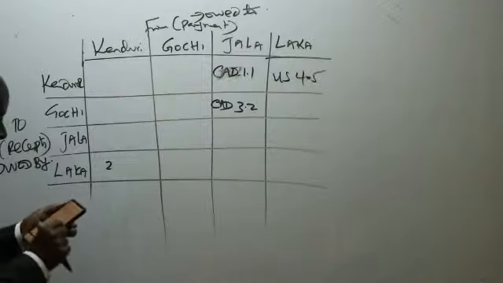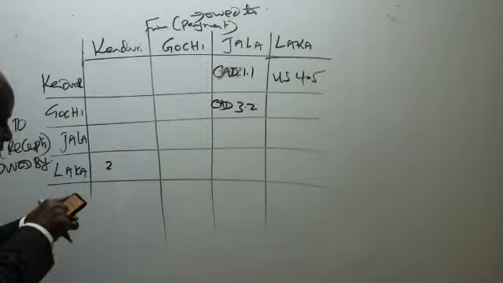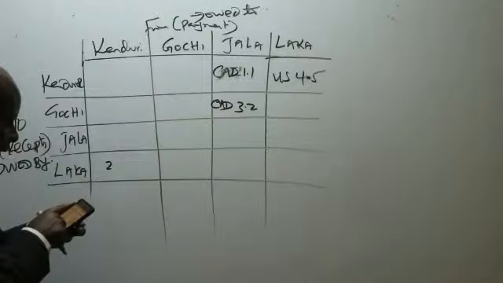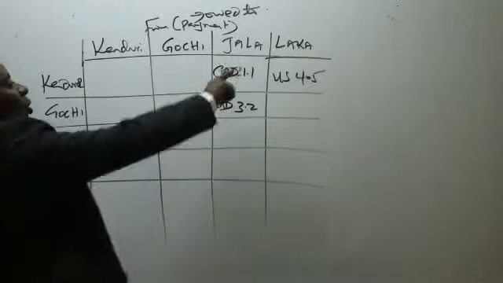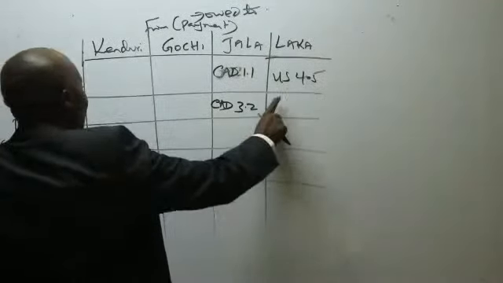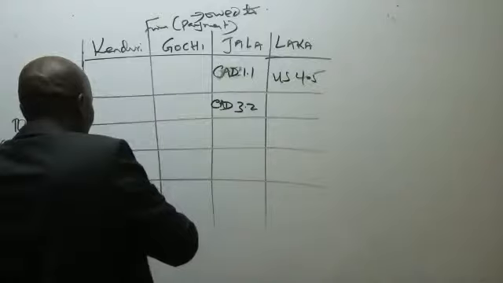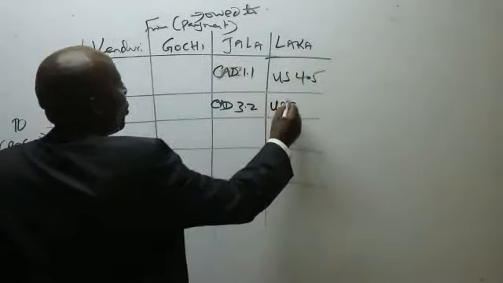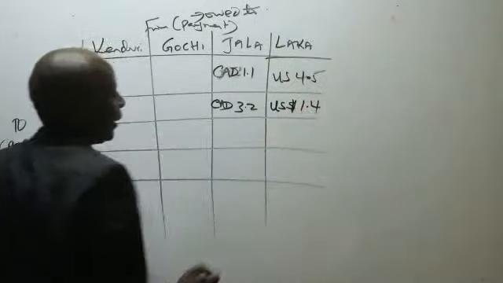Not Jala, but Laka. Laka wants to make a payment to Gochi of 1.4 million US dollar.